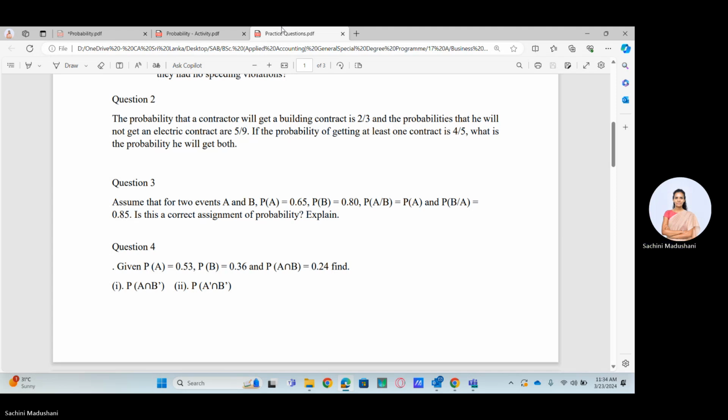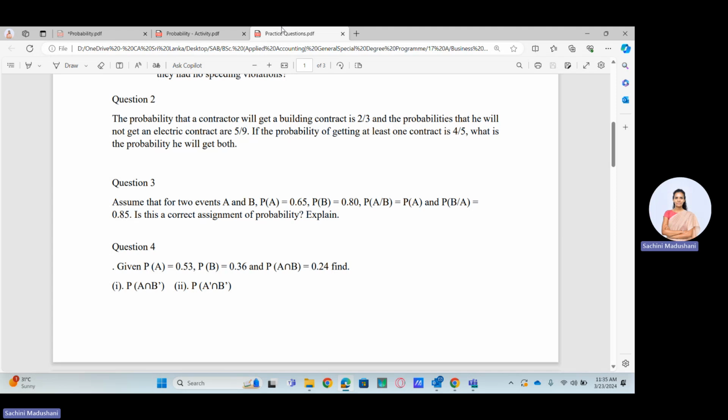Then it means complement of the union. Right? A dash intersection B dash. It means A will not occur and B will not occur, both.